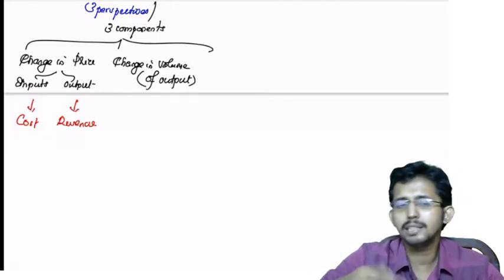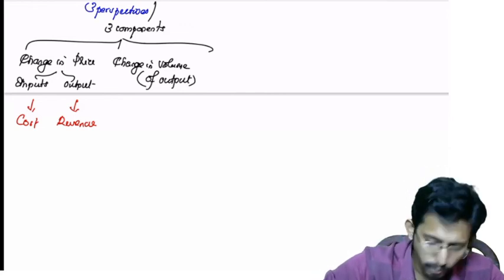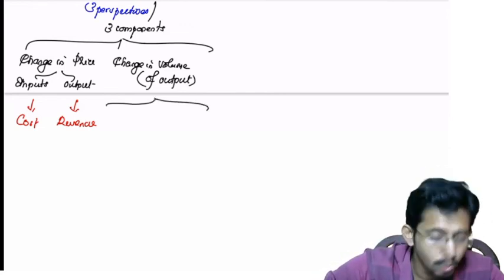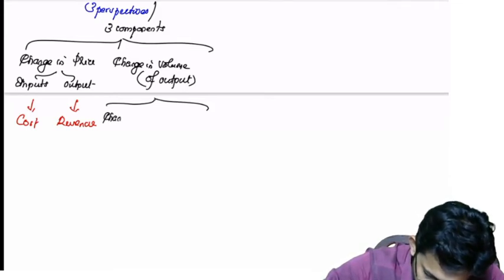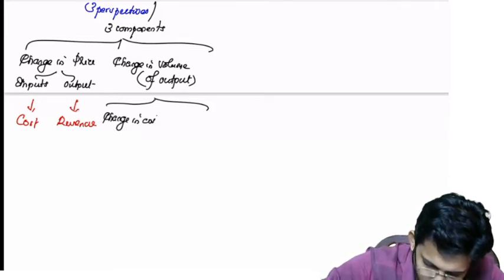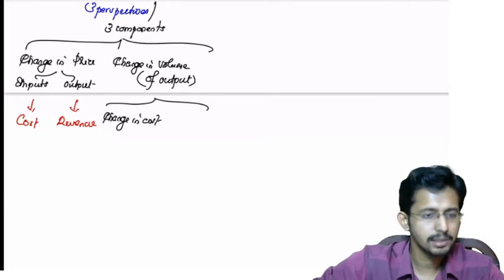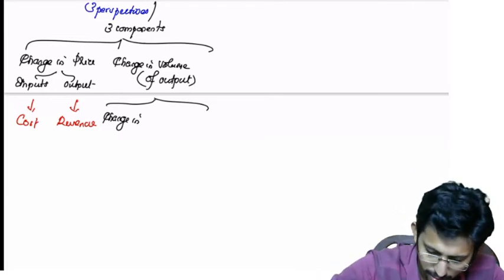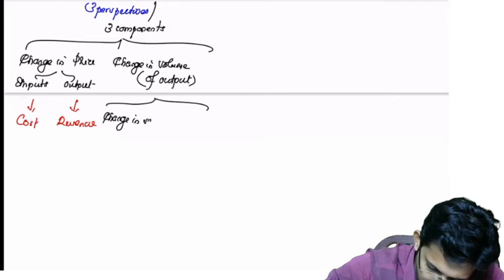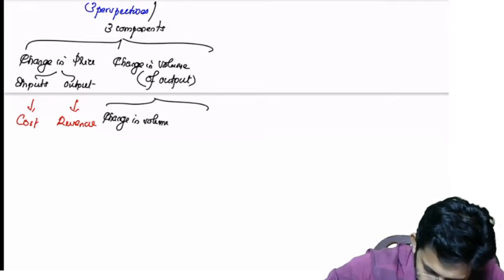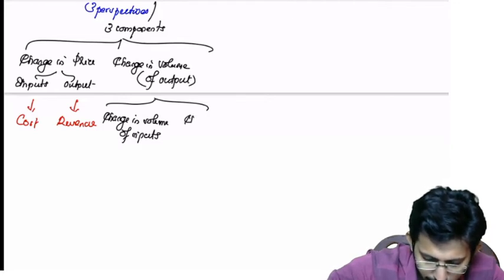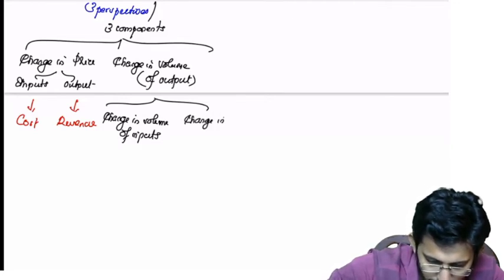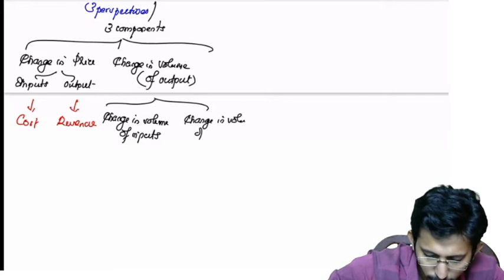How does it affect your operating income? This will affect the operating income again in two ways. One is change in cost. I will say change in volume of inputs and change in volume of output.